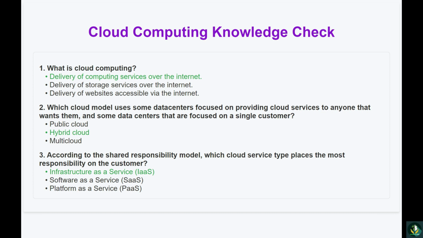The customer is responsible for the operating system, middleware, runtime, data, and applications. In PaaS, the provider also manages the operating system and development tools, leaving the customer responsible for applications and data. In SaaS, the provider manages almost everything, with the customer primarily responsible for data and access management.